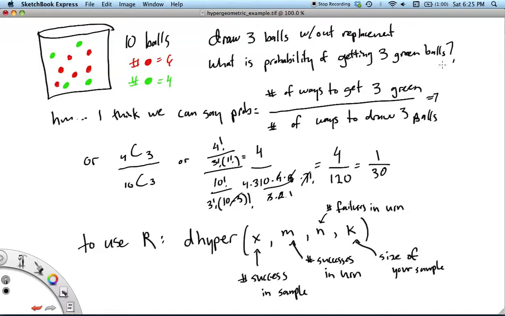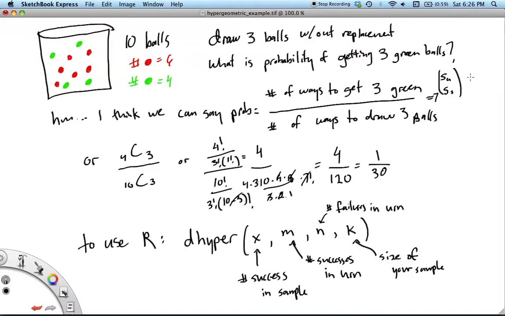Okay, so this would be the number of successes in the urn. I'm just going to call it S urn. The number of successes in the urn, and from that we're choosing the number of successes in the sample.